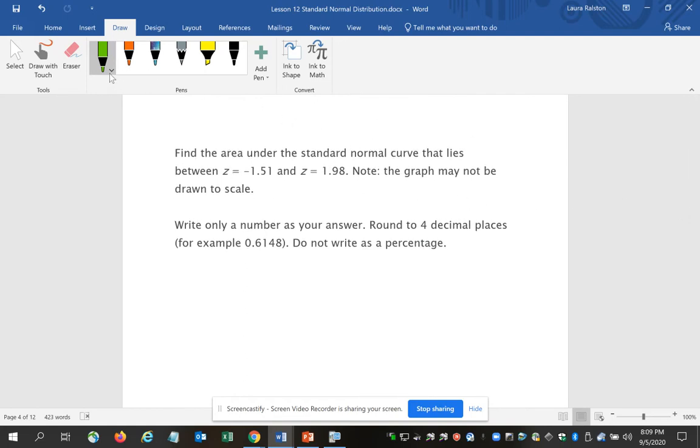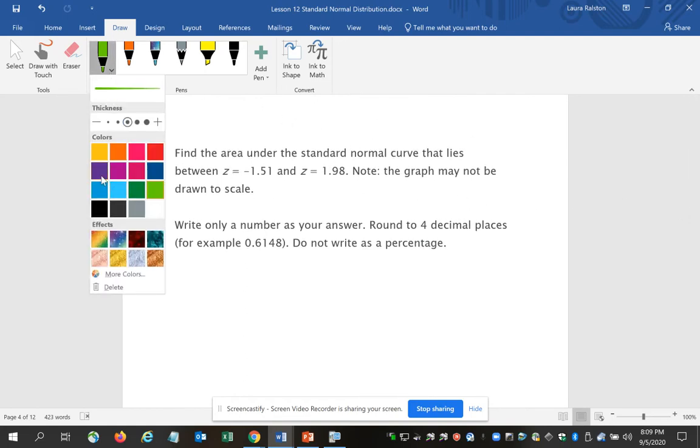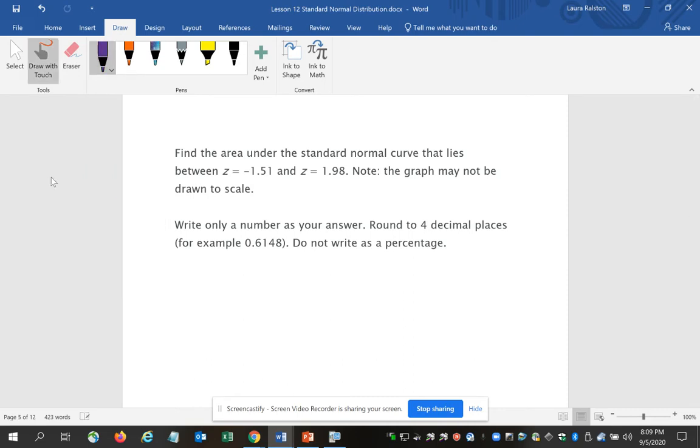Okay, so then this question, number 4, it actually specifies for us that we have the standard normal curve. When I see that phrase, I know automatically that my mean is 0 and my standard deviation is 1 all the time, every time. And it says between negative 1.51 and 1.98.